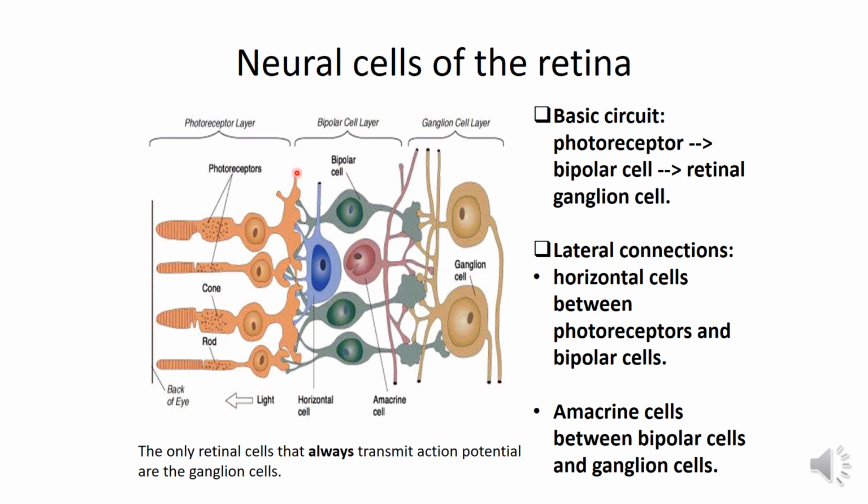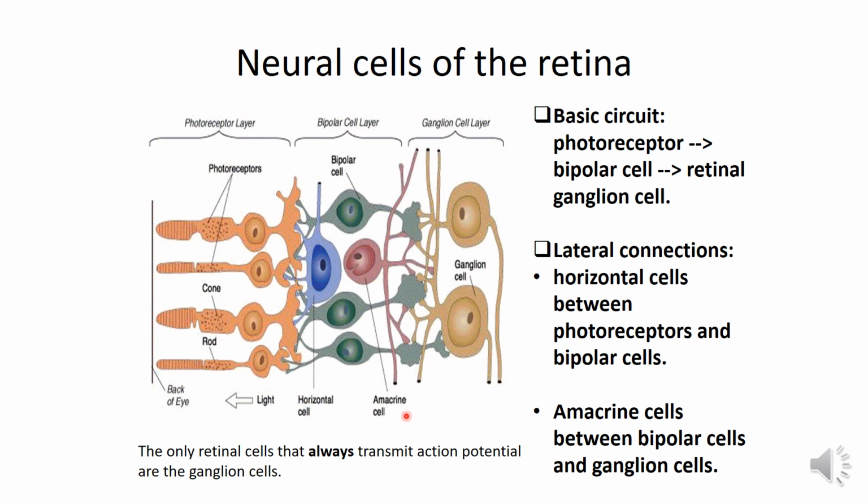This diagram shows in detail the interconnections between different types of neurons of the retina. We have seen that the basic circuit of neurons consists of a photoreceptor connected to the bipolar cell, and this bipolar cell connected to the ganglion cell, and the axons of the ganglion cells sending action potentials to the brain for interpretation of the visual image.